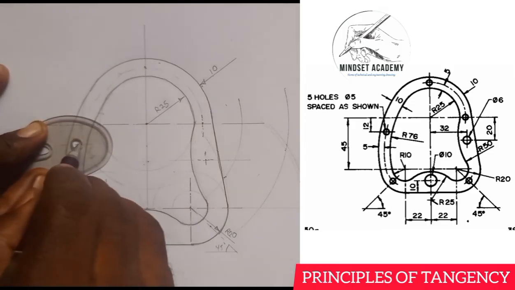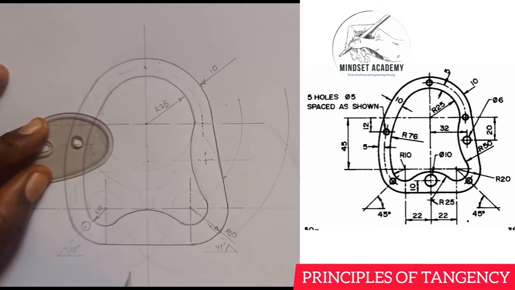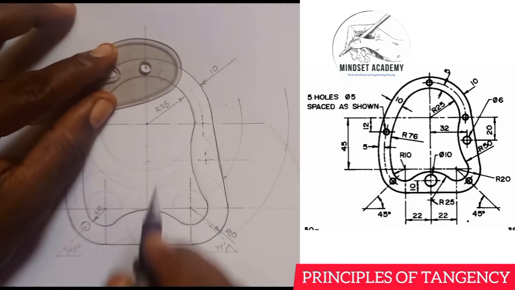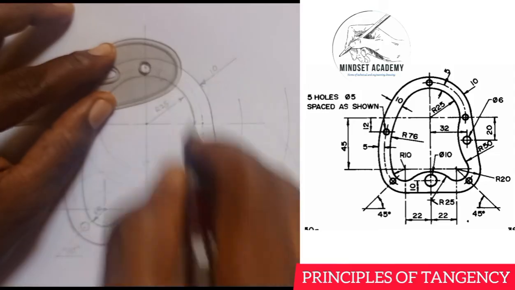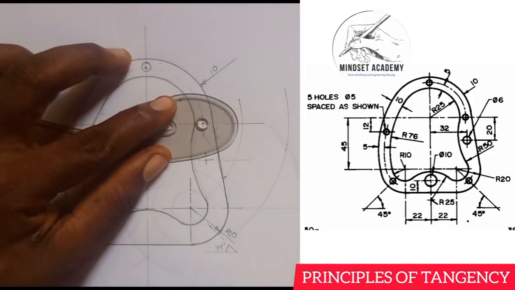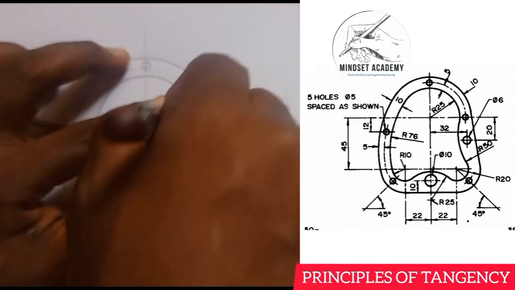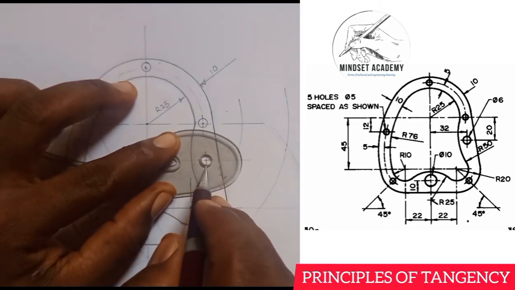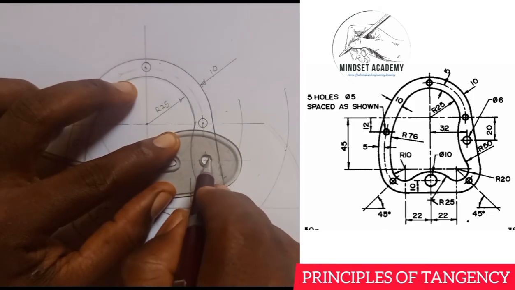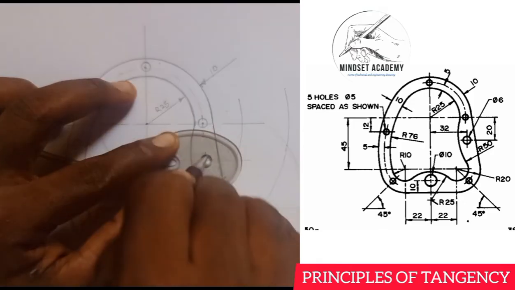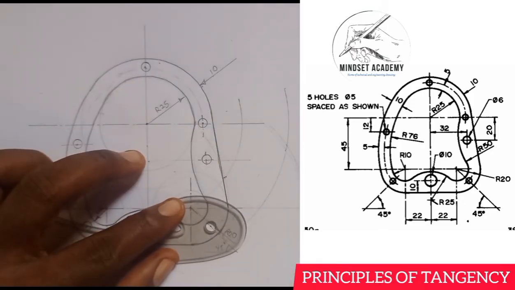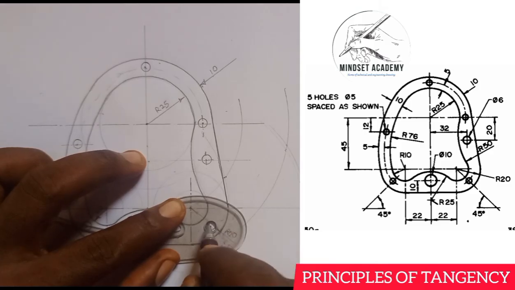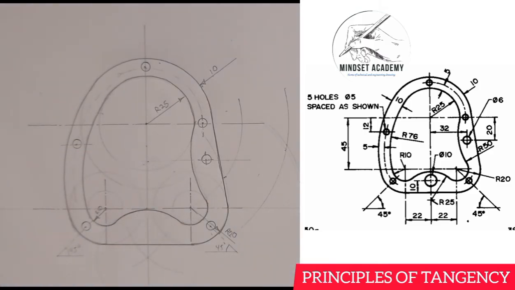Radius of 2.5, radius of 2.5, radius of 2.5 here. Then here too. Hope you can see that.